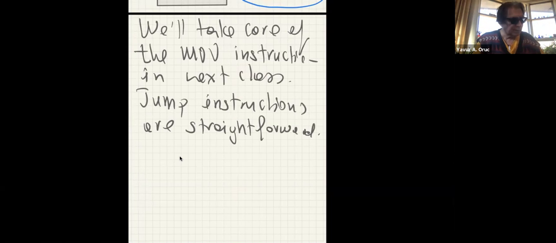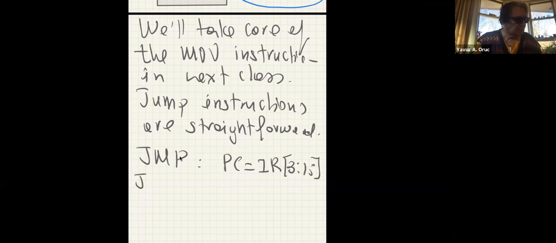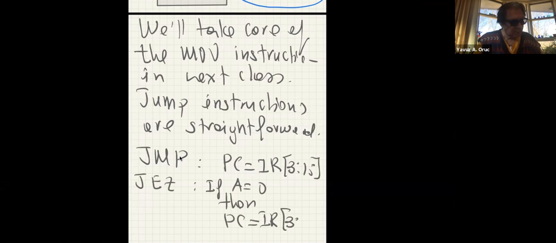In the force jump, we simply say PC is equal to IR 3 through 15. If it's jump if 0, then if AC is equal to 0, then PC is equal to IR 3 through 15.